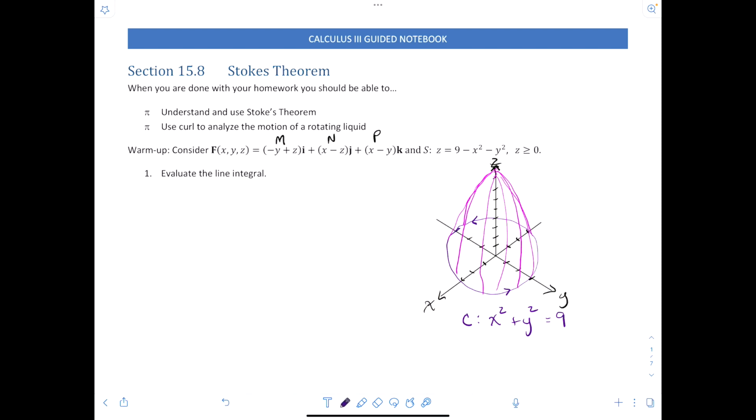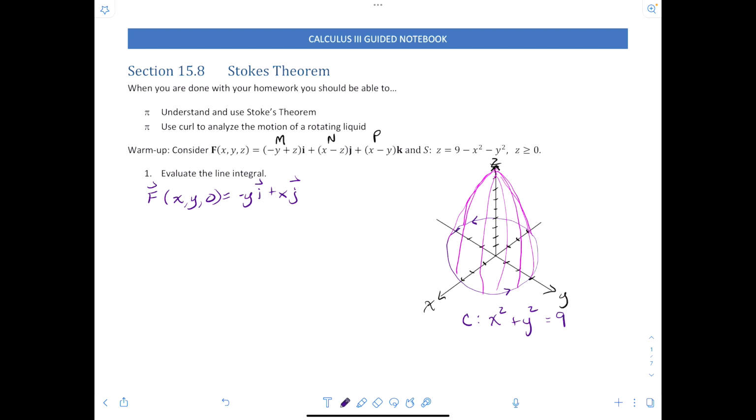So our vector field in terms of x, y, and 0 would just be −y i + x j. And there would not be a k component. It would zero out.